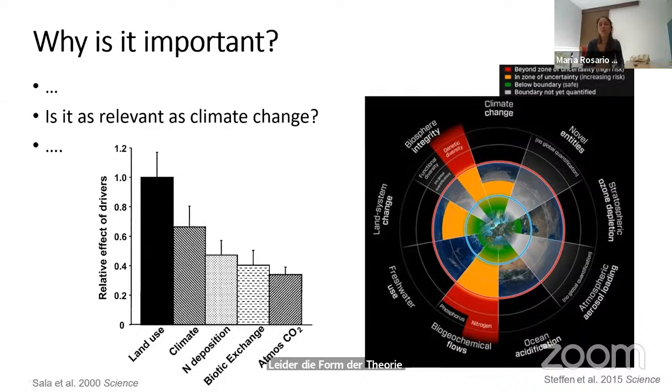When we are in the red zone, like, for example, the use of biogeochemical flows like nitrogen, or the loss of genetic diversity shown here, it indicates that we are beyond the zone of uncertainty, and we don't know what the consequences can be.